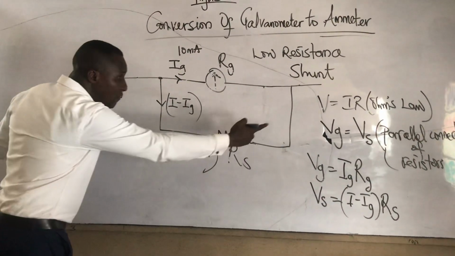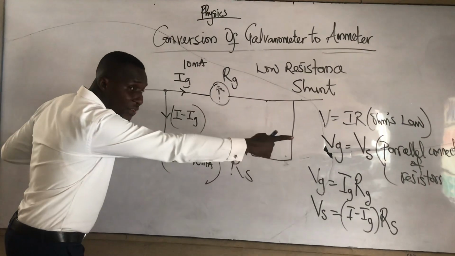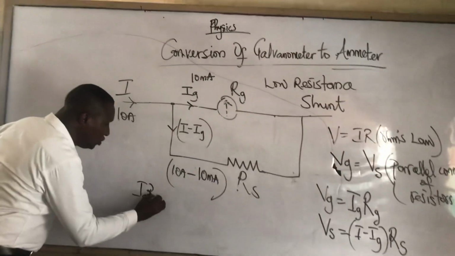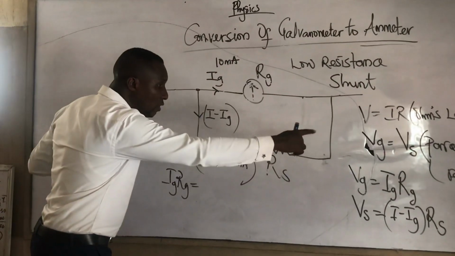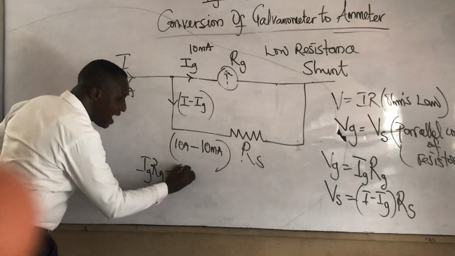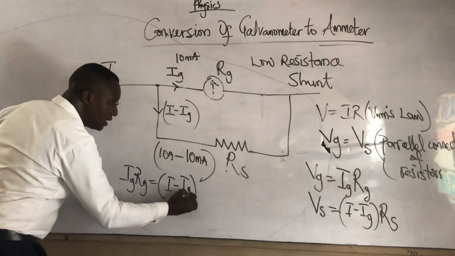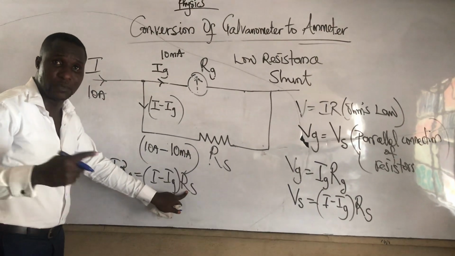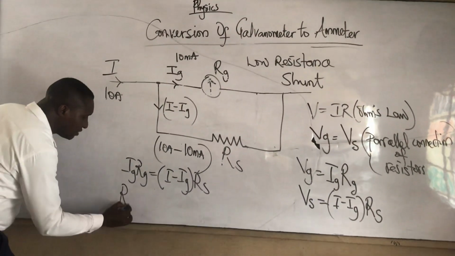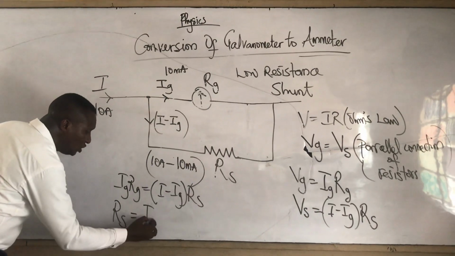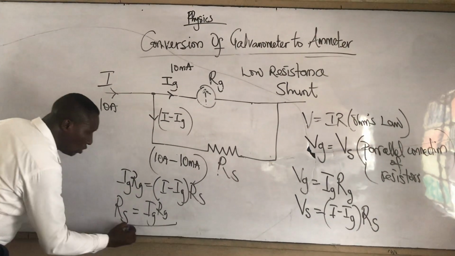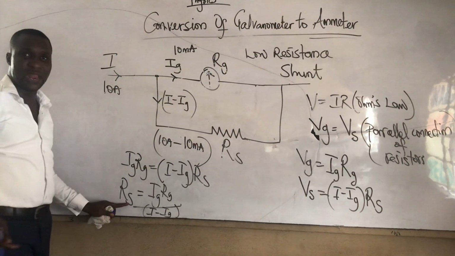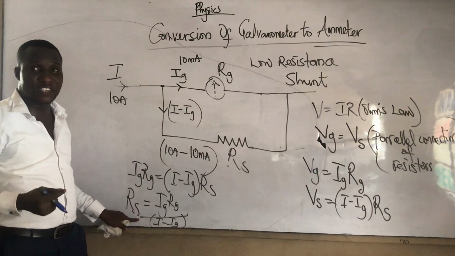From here, we have Vg, the potential difference of the galvanometer: Ig Rg equals the potential difference of the shunt, which is (I minus Ig) times the resistance of the shunt. Make the resistance of the shunt the subject of the formula. We have the resistance of the shunt equal to Ig Rg divided by (I minus Ig).